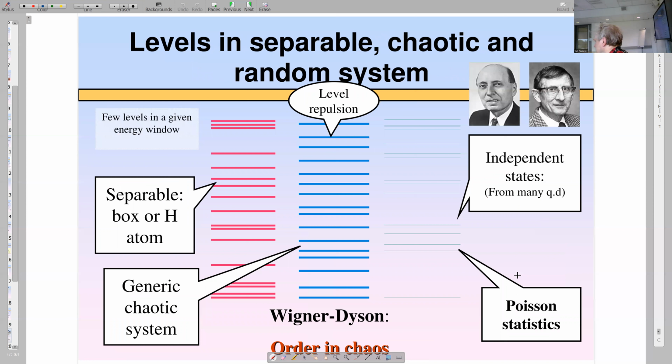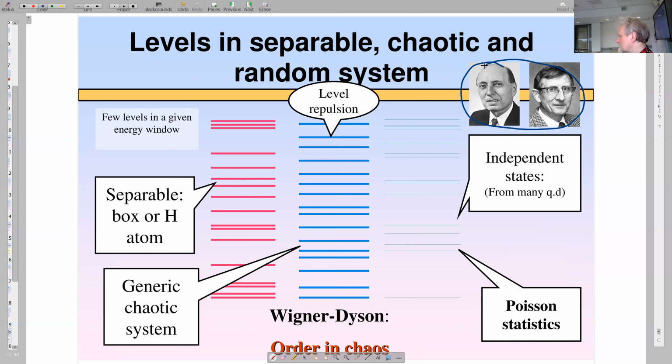So let us take a system which in classical approximation has this chaotic property. And let's see how the spectrum is quantized. Again, I told you, I guess, a story of Wigner and Dyson, who had been confined in some highly classified area to work on the nuclear physics project.